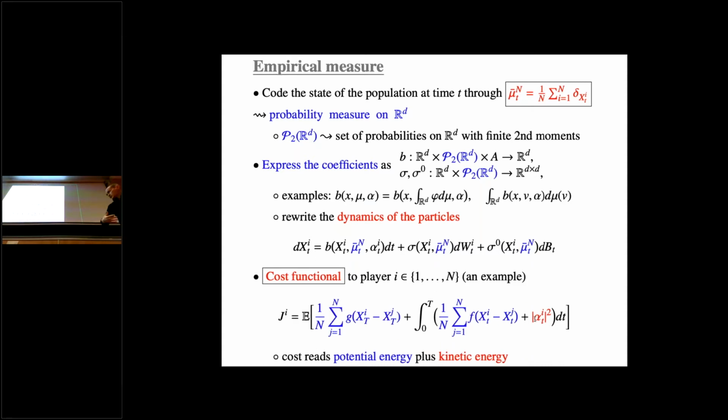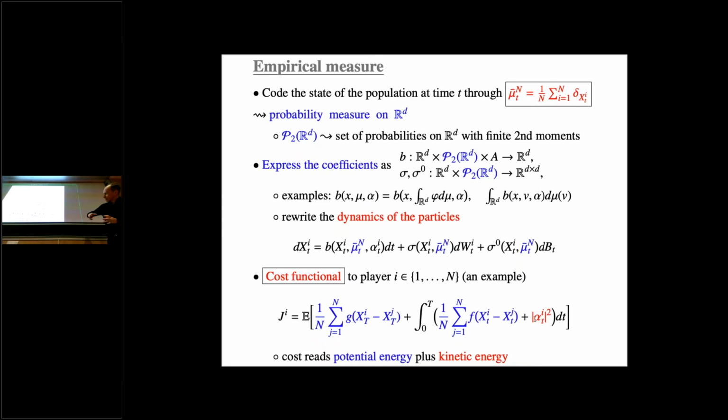Okay, so this is one form of example that you will find in the literature. As a kind of interaction, you have a potential interaction between X^i and the rest of the population through a convolution kernel. So G is a function on R^d and F is a function on R^d, and you compute the cost in this way.